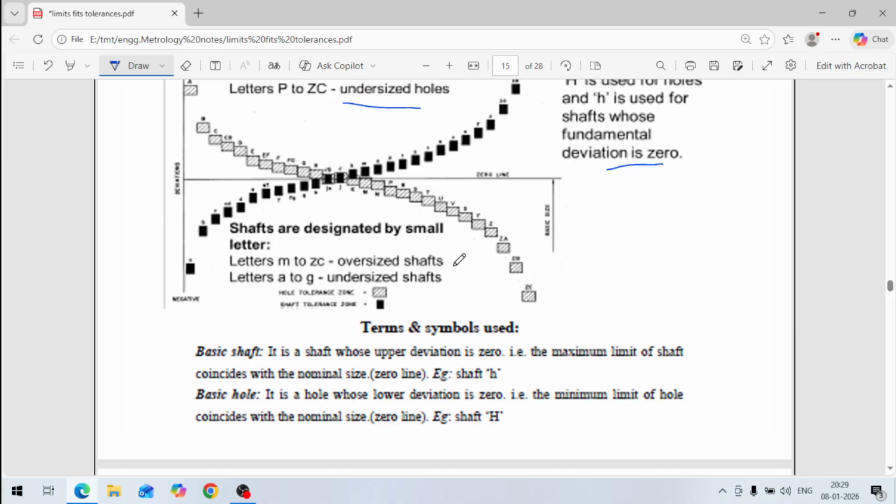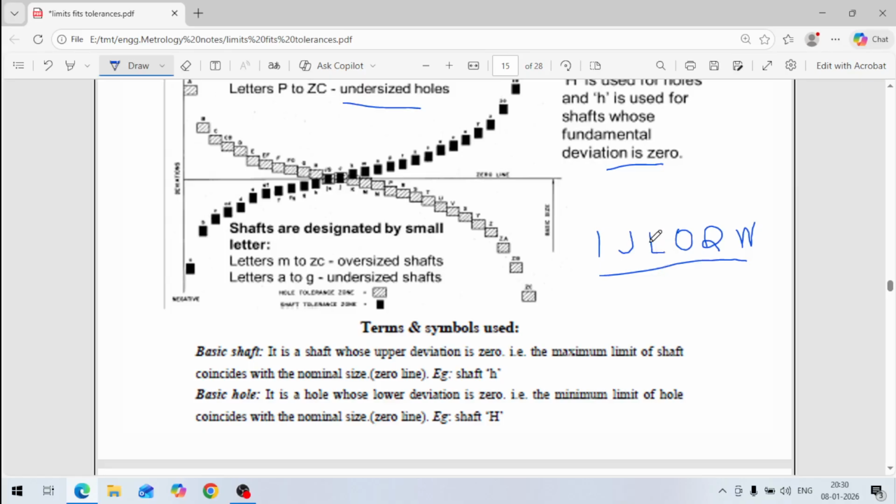So these fundamental deviations are A to Z. Some letters are not included, like I, then J, L, O, Q, and W. These letters are not included because I is confusing with 1, and instead of J, JS is taken here.